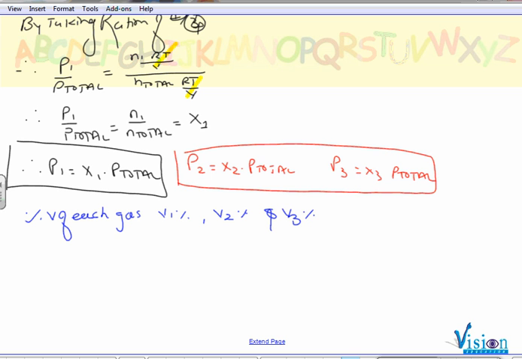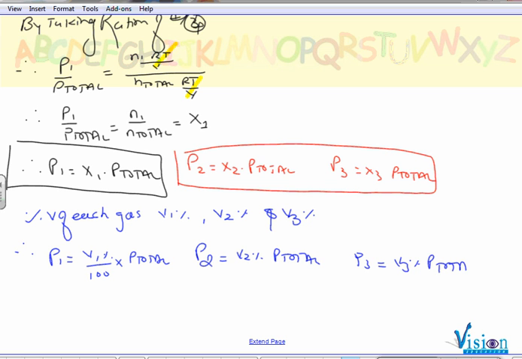Then we can apply the same principle, and P1 will be equal to V1 percentage upon 100 multiplied by P total. Similarly, P2 equals, and P3 equals. Is that understood? That's the application of Dalton's partial pressure law.